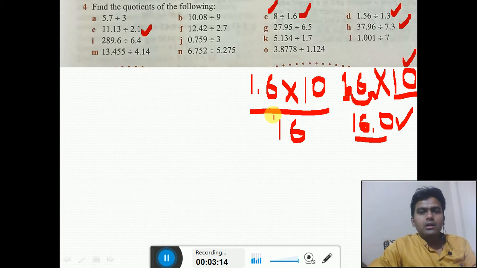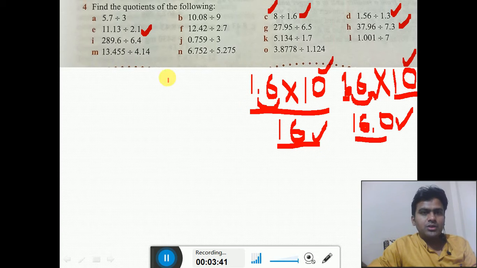So the decimal point moves towards the right hand side, or we can count the number of zeros. The number of zeros is 1, so move the decimal point one place. So you got 16, and 16 is a whole number. I hope you understood how to convert a divisor into a whole number.